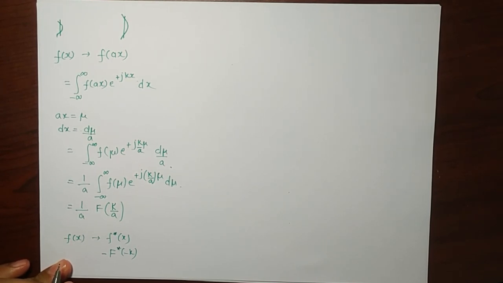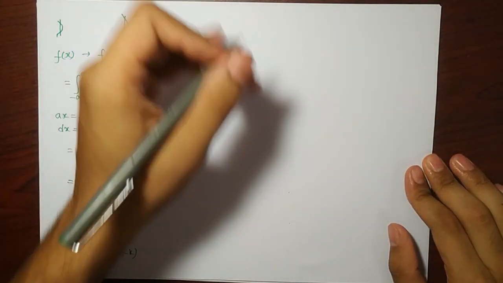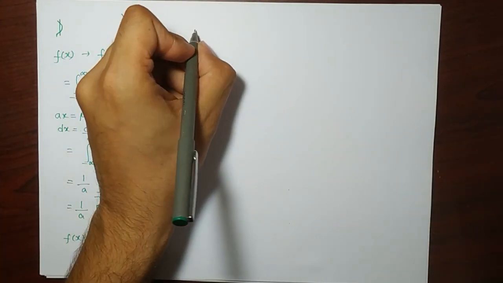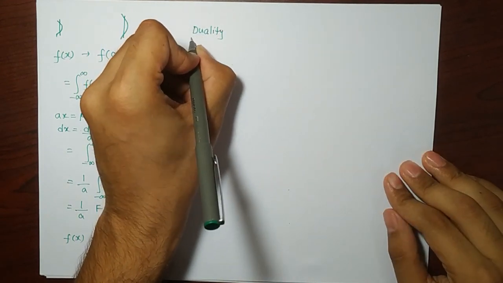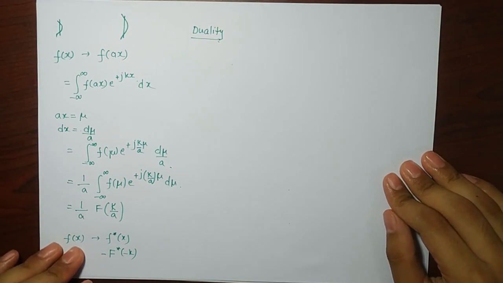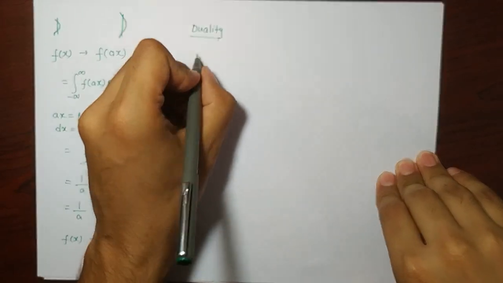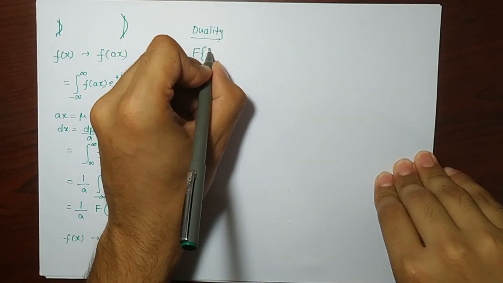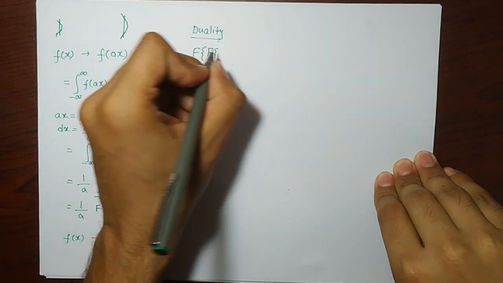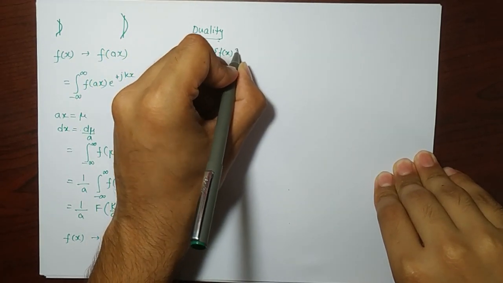Then I would like to move towards a very important theorem, which is the duality theorem. What really happens in duality is they talk about what if you take the Fourier transform of, let's say, f of x.